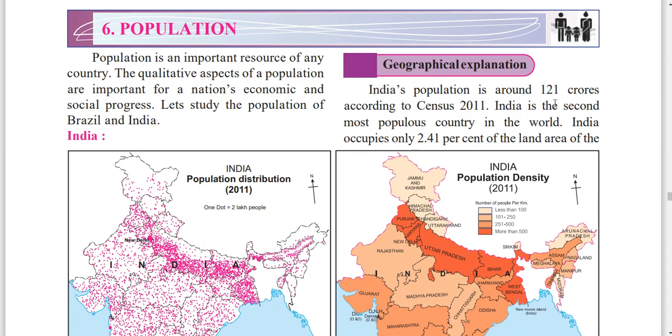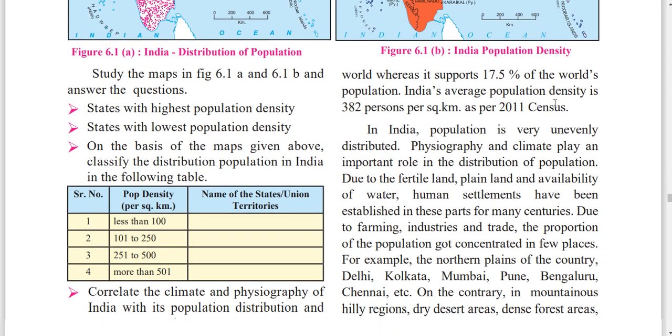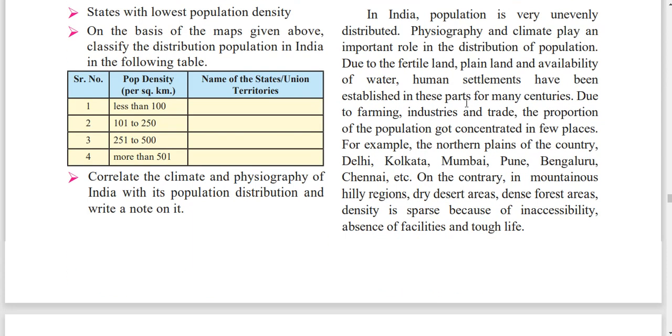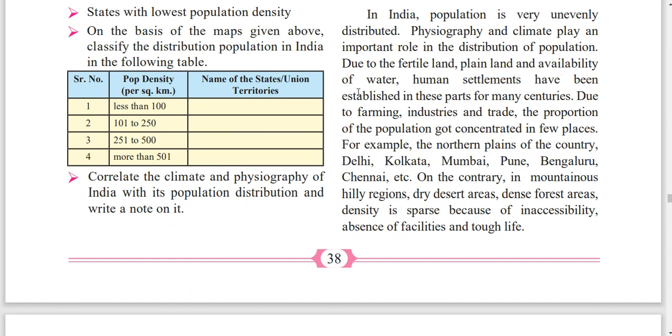Geographical explanation. We already saw this, now come to here. In India, population is very unevenly distributed. Physiography and climate play an important role in the distribution of population. Due to the fertile land, plain land, and availability of water, human settlements have been established in these parts for many centuries.